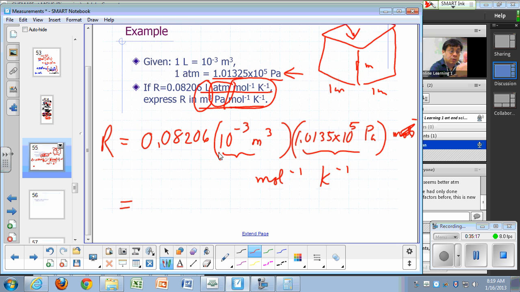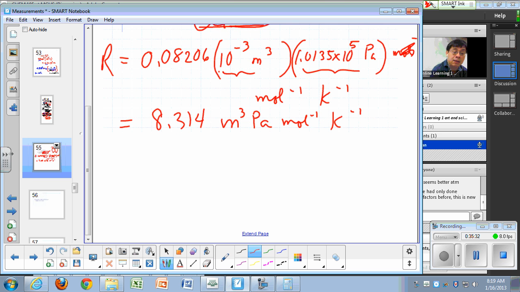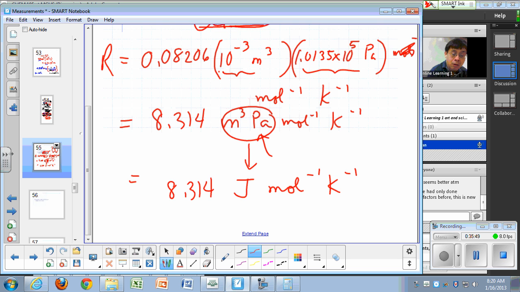The whole thing comes out to 8.314 cubic meter Pascal per mole per Kelvin. So that's the value of R using the SI units. Pascal is an SI unit for a quantity called pressure. Cubic meter Pascal is actually a unit of energy. This is a joule. So you may see this later in our lessons, given as 8.314 joules per mole per Kelvin. So that's one way of converting that.